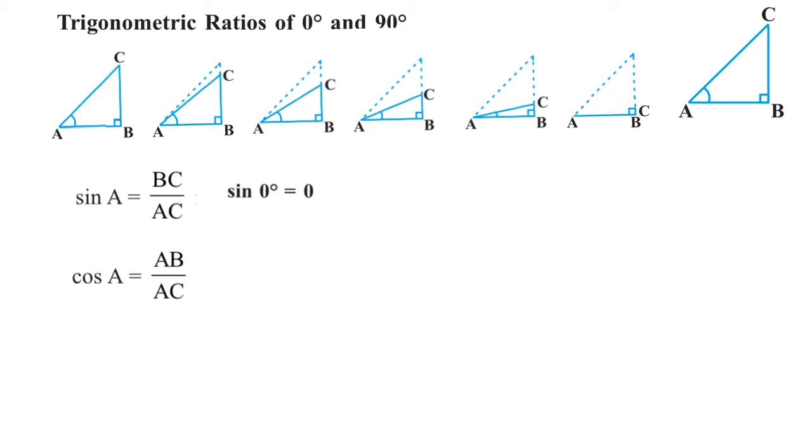So cosine 0 is going to be equal to 1. Once we know sine and cosine, we can easily figure out tan, because tan is sine over cosine. So what is tan 0 degrees going to be? It is going to be sine 0 over cosine 0, which is 0 over 1, which is 0.